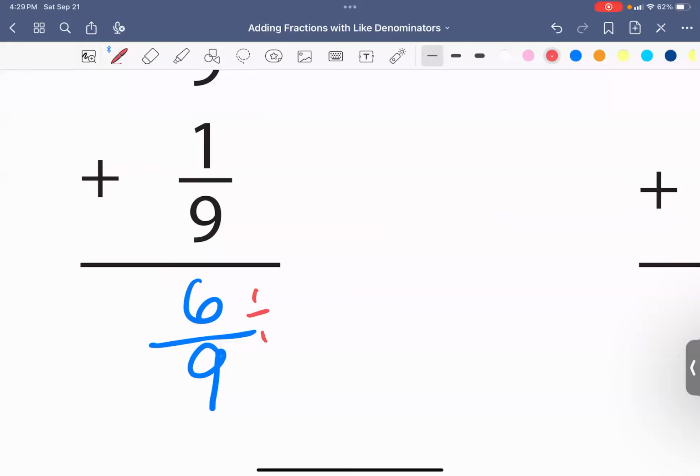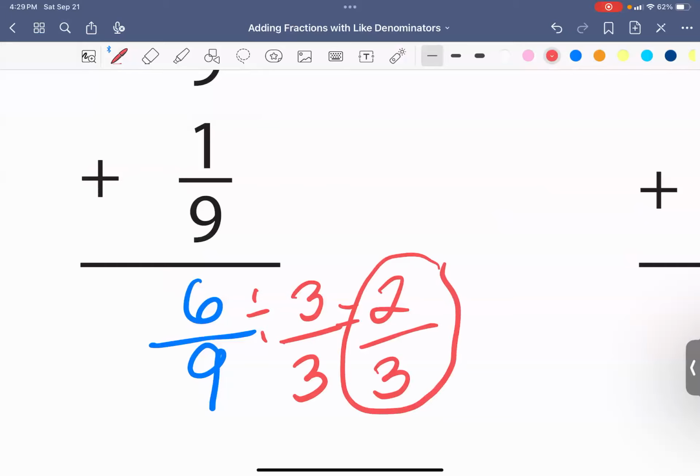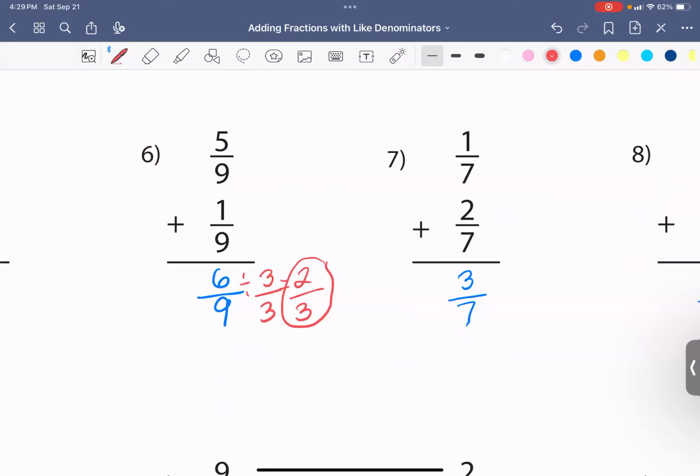That is a number that can go into each of the numerator and denominator. So the largest number that can go into both 6 and 9 is 3. So I'm going to divide 6 divided by 3 is 2, and 9 divided by 3 is 3. So in simplest form, our answer is 2/3.